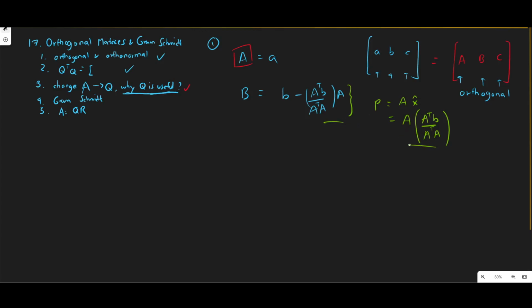You might also remember the x hat in this form, (A transpose A) inverse A transpose b. Well, this is also correct, but remember that when we're working to find the x, the A here is a rectangular matrix.